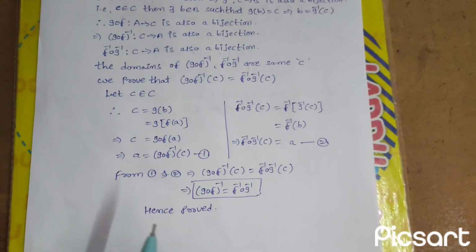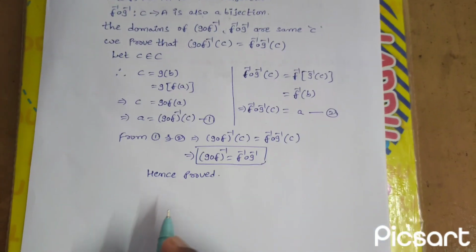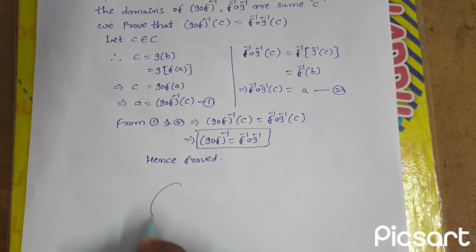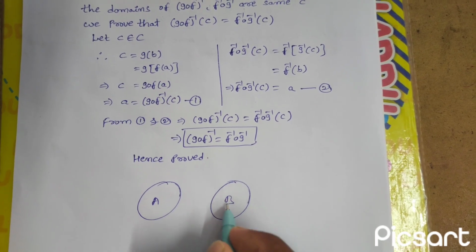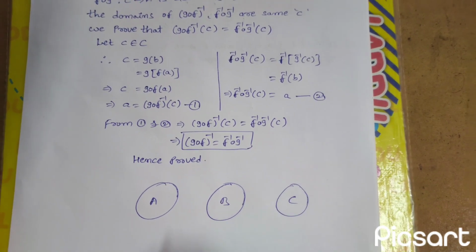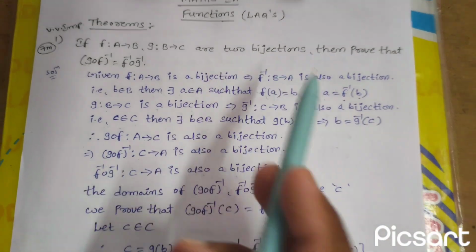Okay. So here this diagram is for one set A, another set B, another set C. Clearly given data, f from A to B is a bijection.